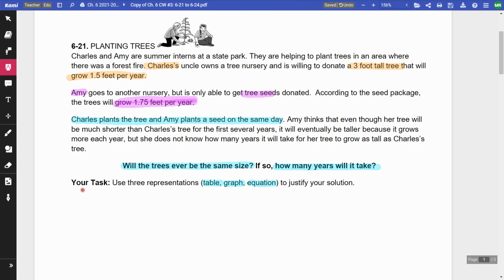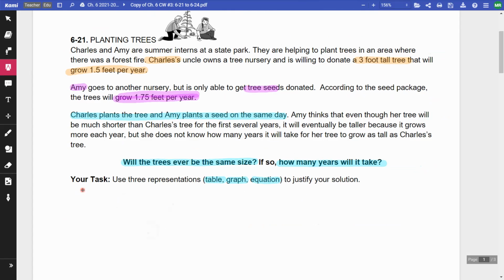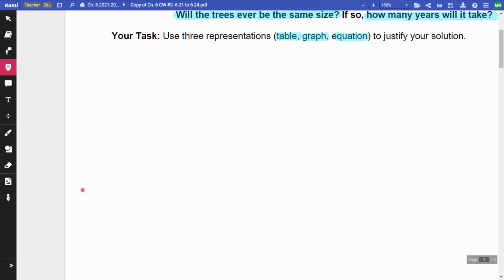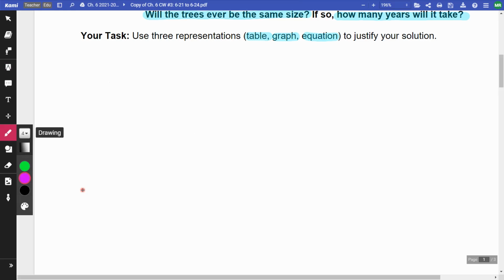Now, the first way the students did it in class was to make a table. So if we're going to make a table, we're going to set up the table this way. I'm going to make 3 columns for my table.